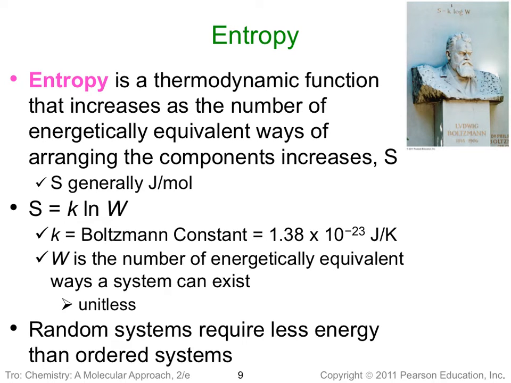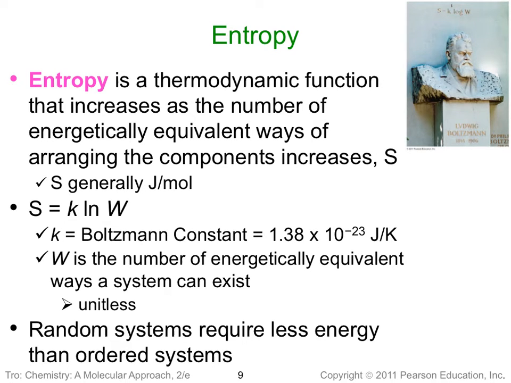But this S can be broken down into, first of all, Boltzmann's constant, which we use in a lot of different equations, but then the natural log of W. W is the number of energetically equivalent ways a system can exist. Kind of referring back to that definition at the top, right? The more ways that it can exist, the larger W is.